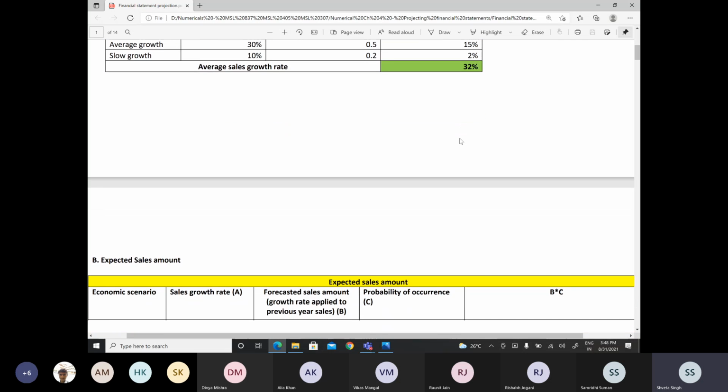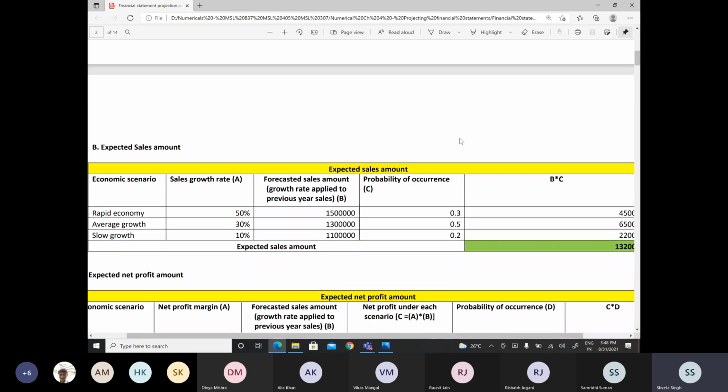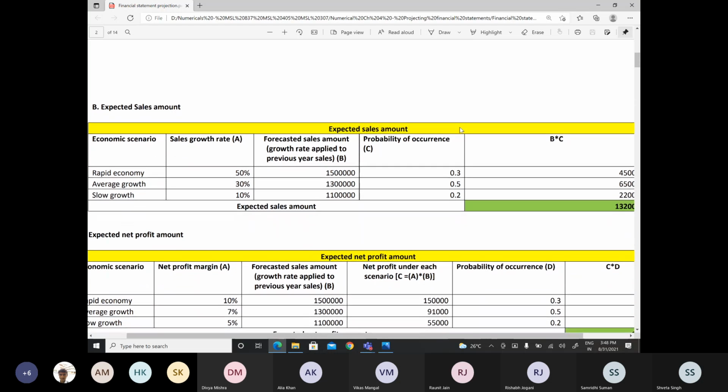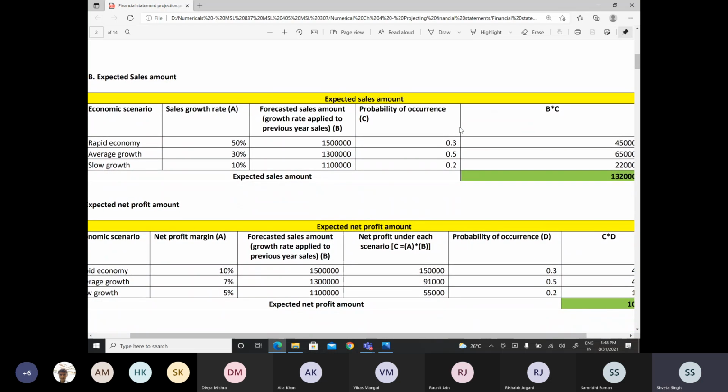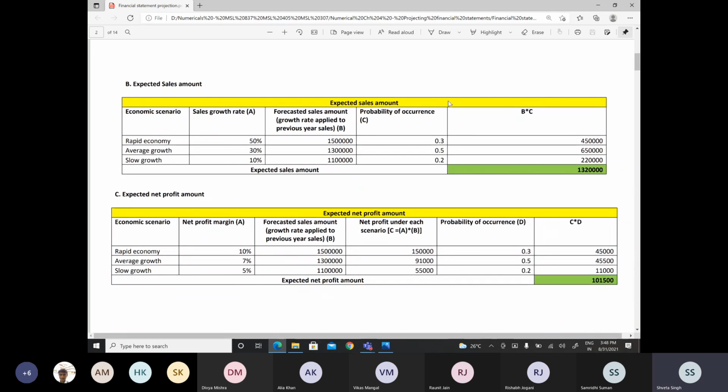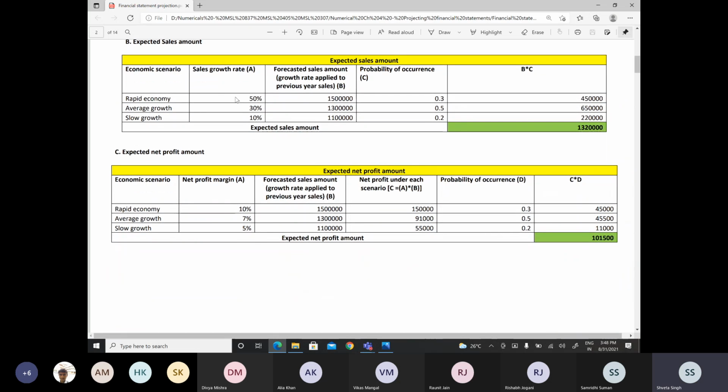Okay. So based on this, if we have to calculate the average sales amount, then we can see: if in the rapid economy the sales growth was 50%, then the forecasted sales amount would have been 1.5 million. In the average growth, if it was 30%, then it would be 1.3 million. And for slow growth at 10% from the previous year, it would be 1.1 million.